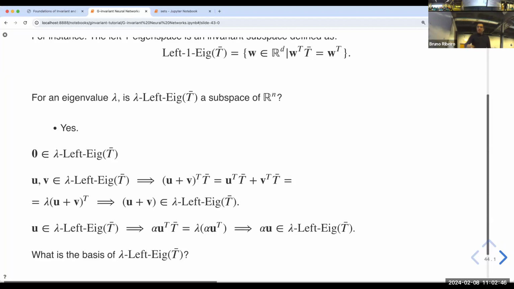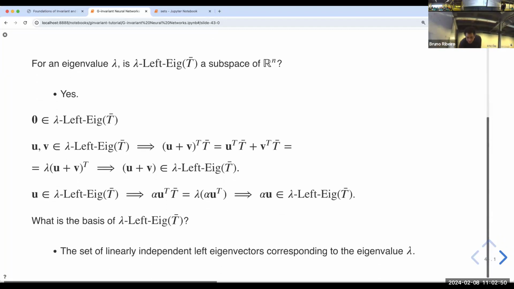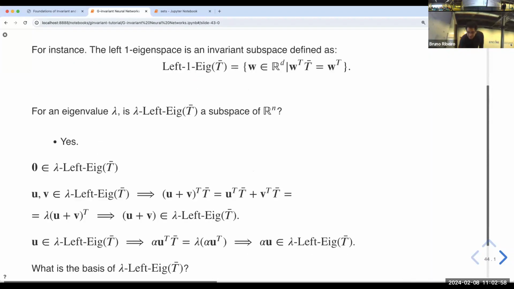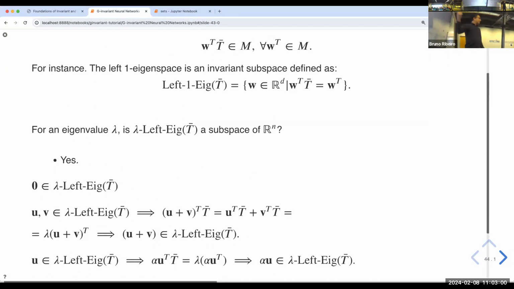So what is the basis of this lambda left eigenspace of T bar? It is the set of all linearly independent left eigenvectors corresponding to eigenvalue lambda. As you can see in the equation here, it is the definition of the eigenvector, for lambda equals 1.